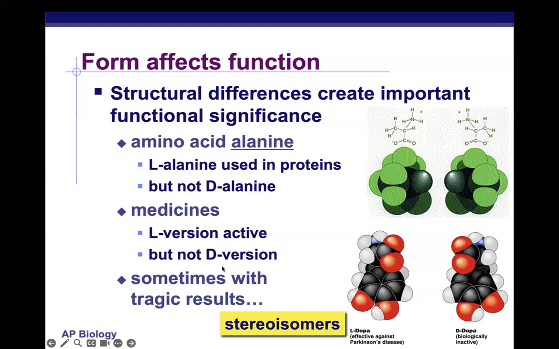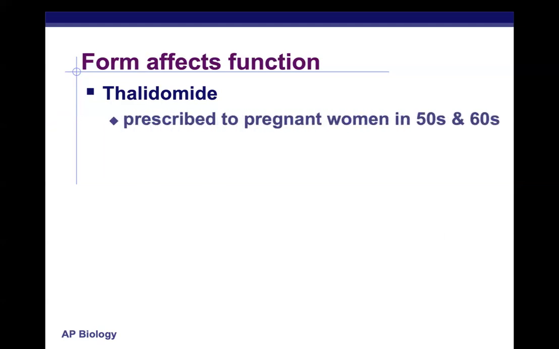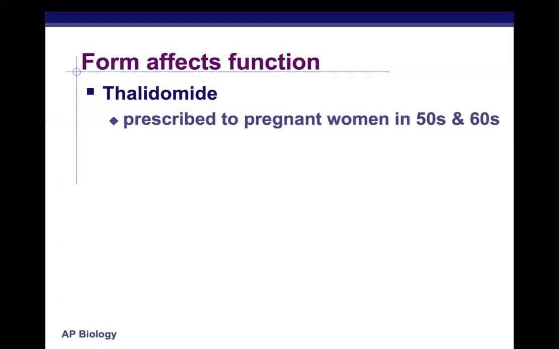And sometimes, like it says here, that difference can be tragic. As a case study, there was a drug, specifically in the 80s and early 90s, called thalidomide. It was prescribed to pregnant women in the 50s and 60s to treat morning sickness.